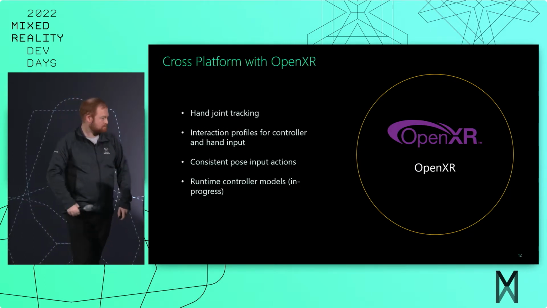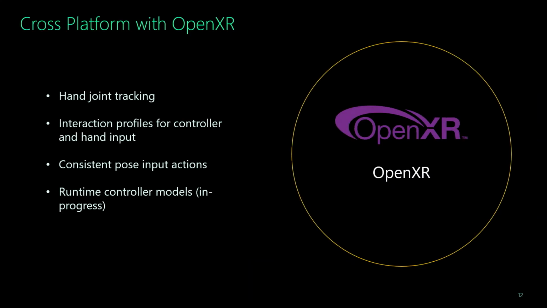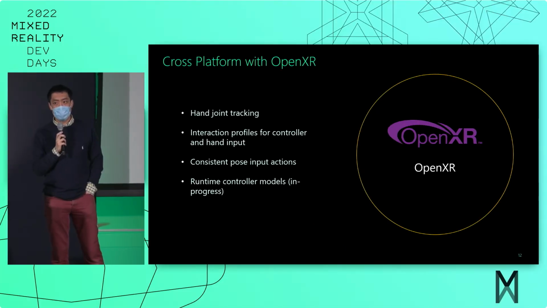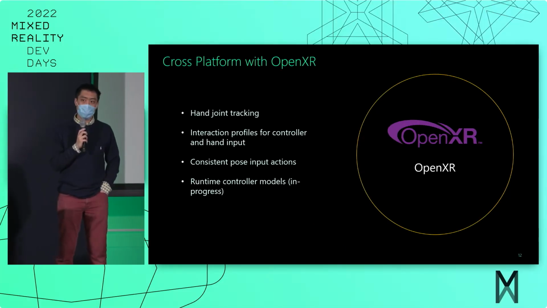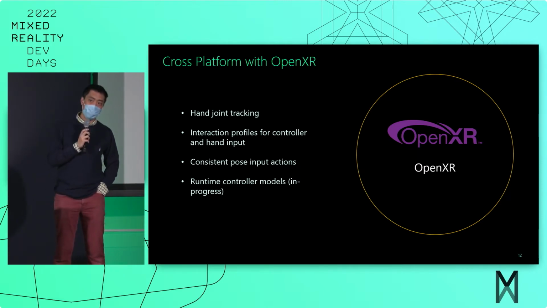Some of the great cross-platform things you'll see with OpenXR, and we'll cover this more in depth later, are things like hand joint tracking, which HoloLens, Leap Motion, and Quest all provide. Before, those would all have to be separated: Oculus would have their own SDK package you would use to fetch the hand joint tracking, HoloLens might have its own, Ultraleap might have its own.